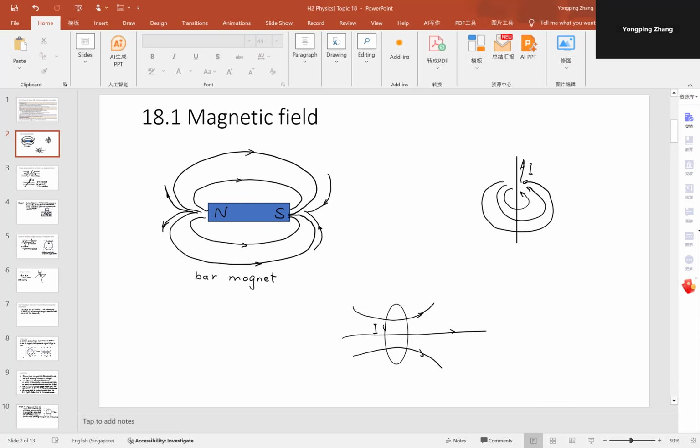Use the right hand rule. This is the magnetic field. This is the magnetic field for the long wire. This is the loop of wire.